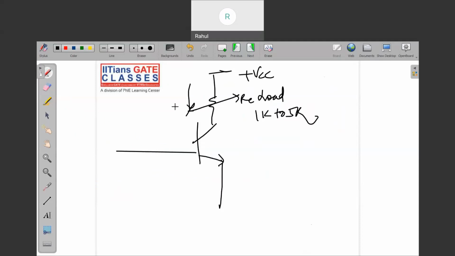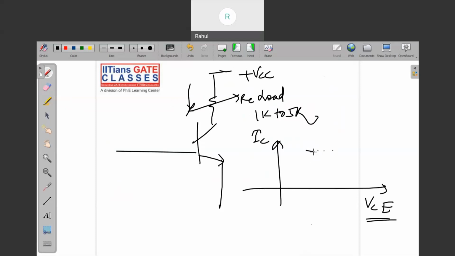If we draw the IC versus VCE characteristic, initially we want this kind of characteristic, but because of this load variation, your IC will start varying like this. Understand? This is happening because of the early effect.